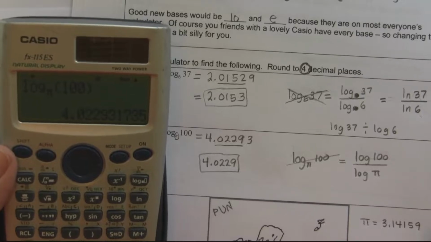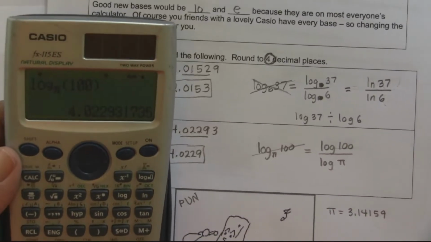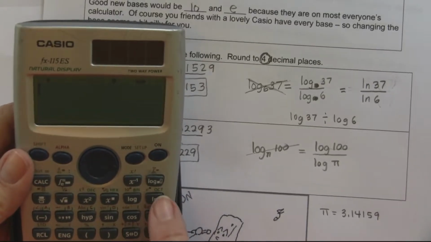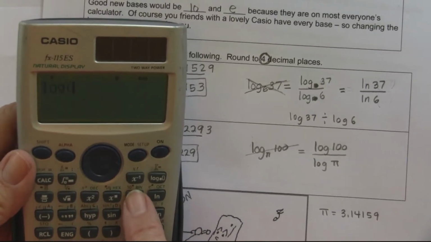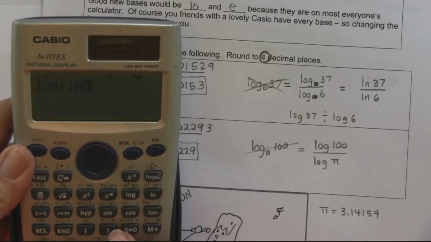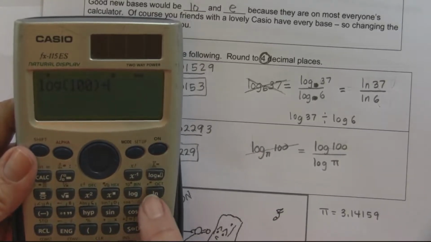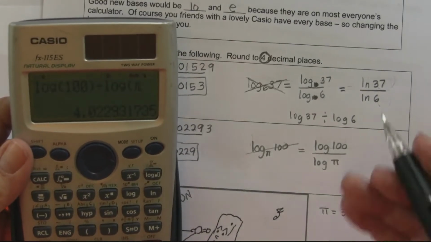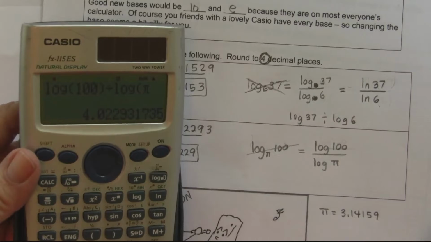I think you should take at least that many digits to be accurate. Hopefully your calculator has pi on there, but you'll find it if you look. So log of 100 divided by log of pi gives me exactly the same answer.